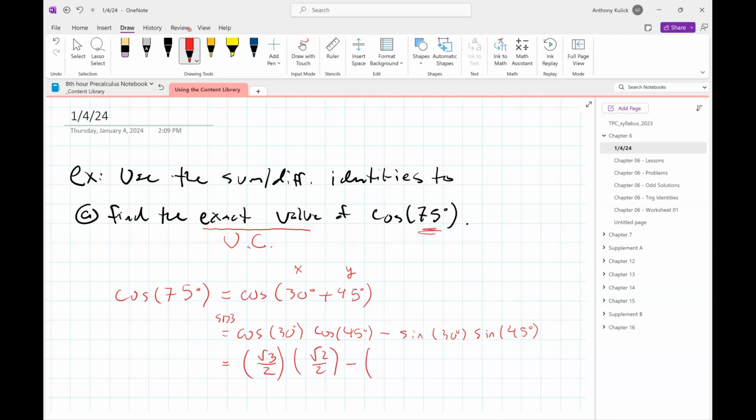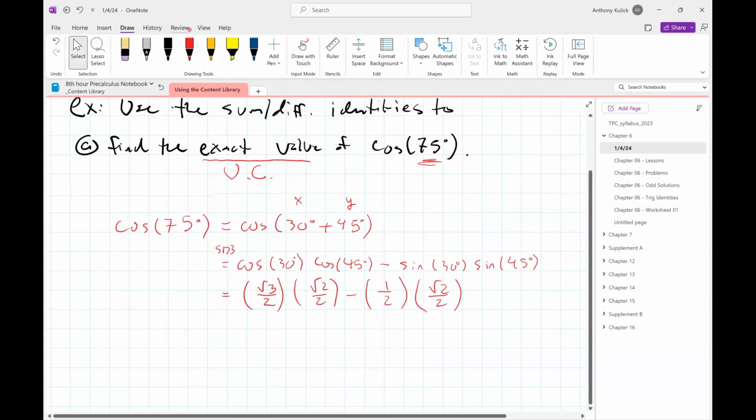And sine of 30 degrees? 1/2. Again, we did that by finding 30 degrees and reading the y-coordinate there. Remember, cosine is x and sine is y. And then sine of 45? Root 2 over 2. Everybody feel good so far?